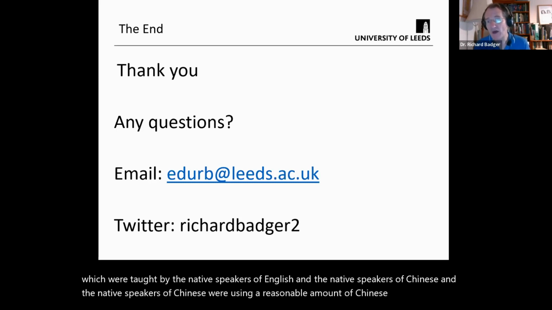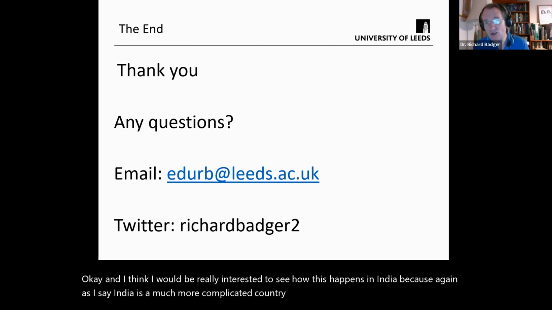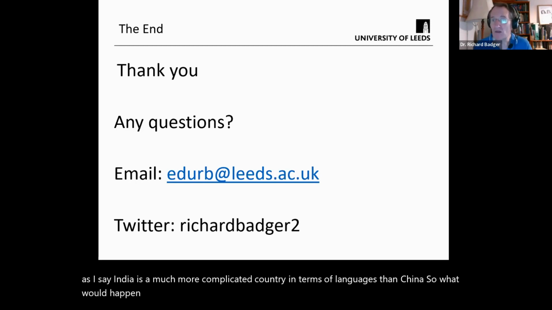I would be really interested to see how this happens in India, because India is a much more complicated country in terms of languages than China. So what would happen? Do people use other languages, and do people use more than one other language?